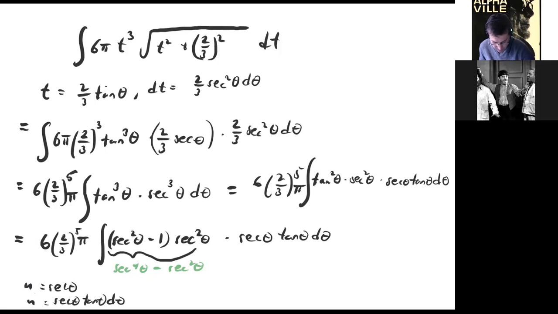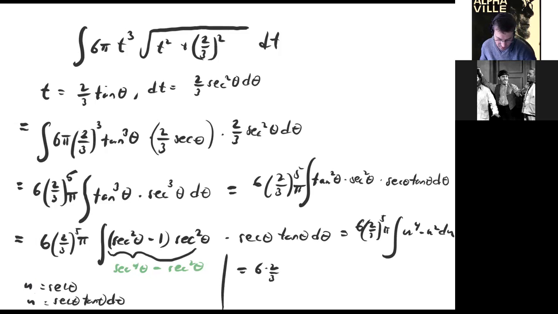So then this integral becomes 6 times 2/3 to the 5th times pi, the integral of u to the 4th minus u squared du. And this becomes, after integrating, 6 times 2/3 to the 5th pi times u to the 5th over 5 minus u cubed over 3, plus c.